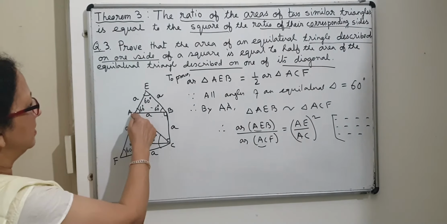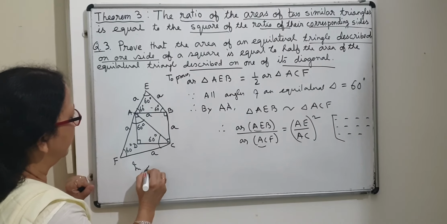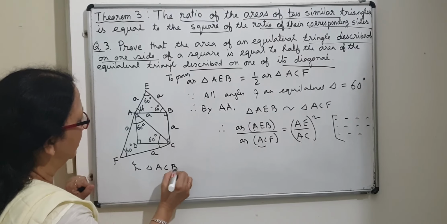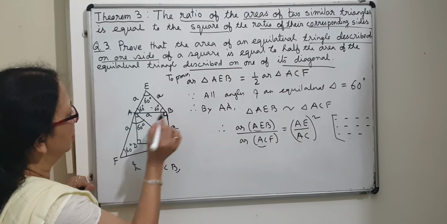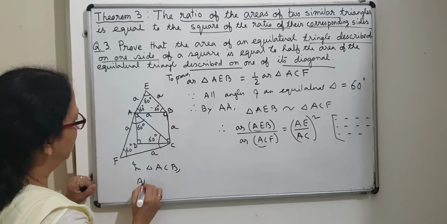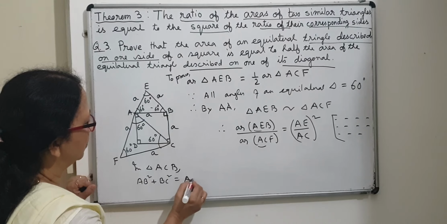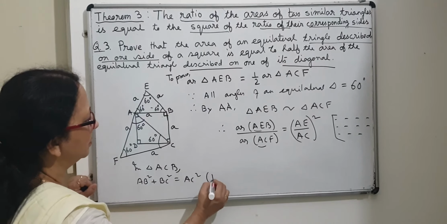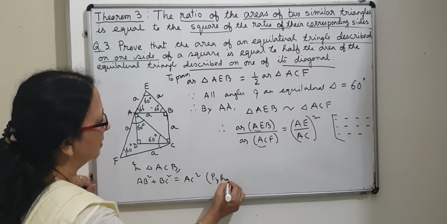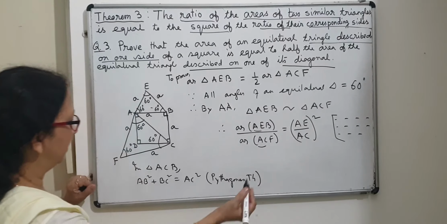Now AE is A. Now I have to find out AC. In triangle ACB, this is 90 degrees, so I can use Pythagoras theorem: AB square plus BC square is equal to AC square. You have come across this theorem.